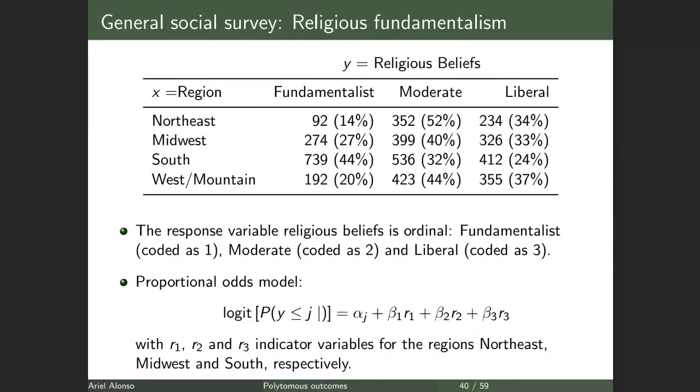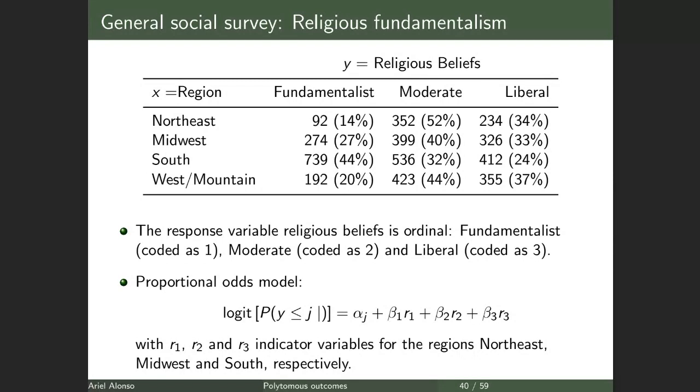Now, let me introduce another example, a sample about religious fundamentalism. This is an example that has a couple of interesting features. We have a response variable, which is religious belief, and we are categorizing that response in three different categories: fundamentalist, moderate, and liberal.